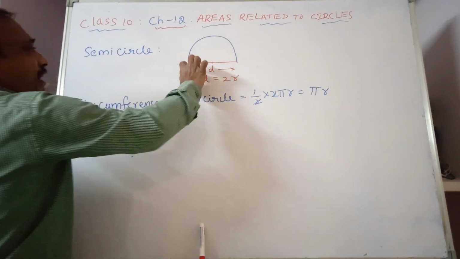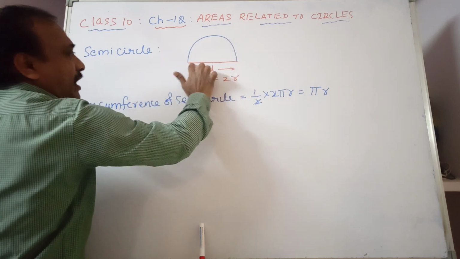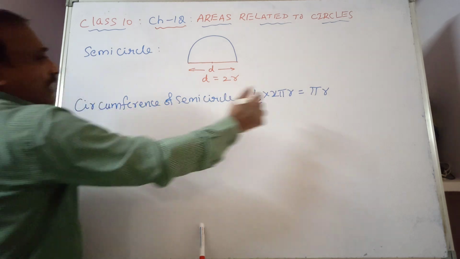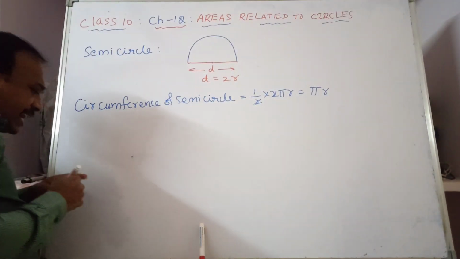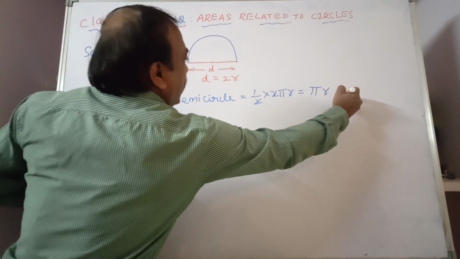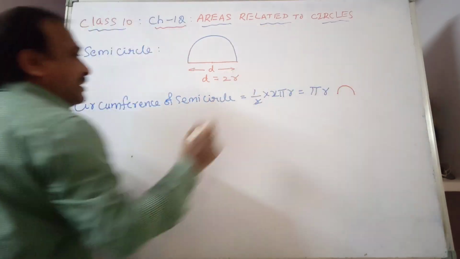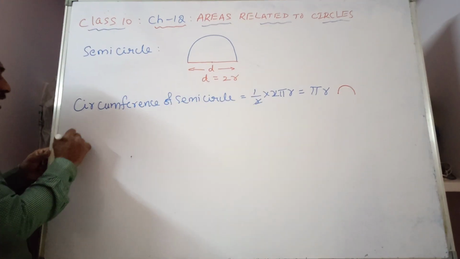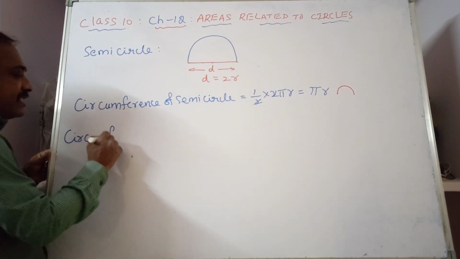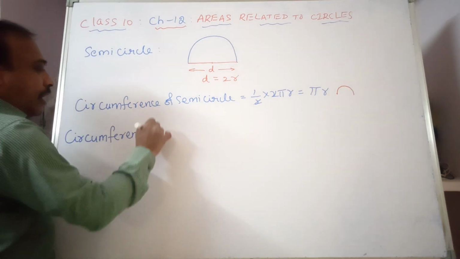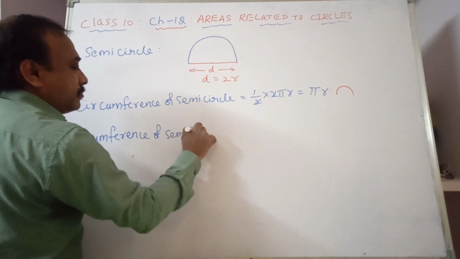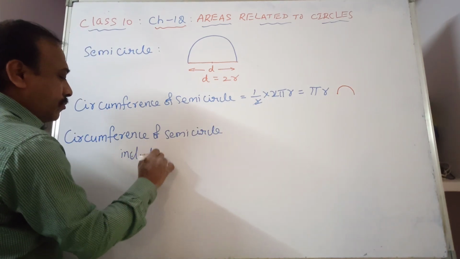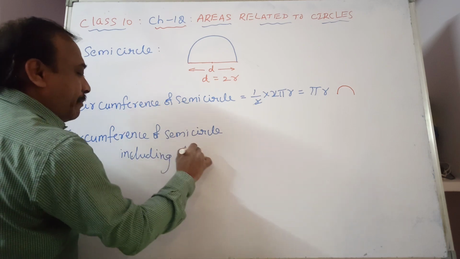This is the circumference of the semicircle. What about this part, when the diameter is included? If you have the figure like this, only the arc is the semicircle. But this is the circumference of a semicircle including the diameter.